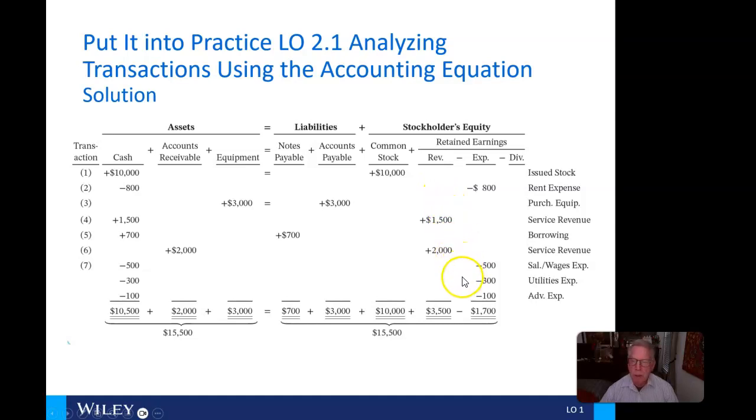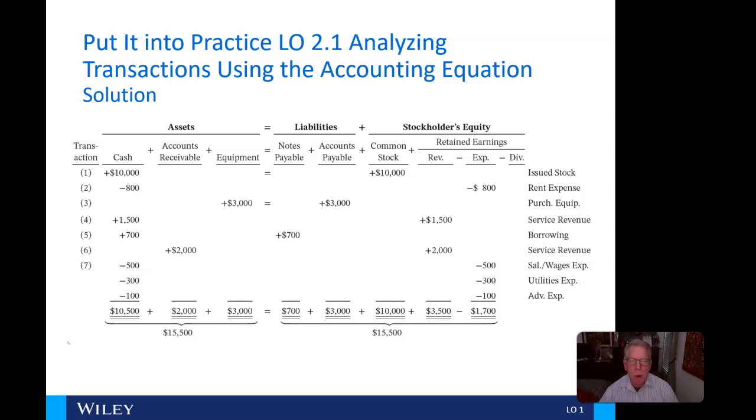The rest of this should be pretty familiar to you from the standpoint of debits and credits, but I'll run through it real quickly. In the first example, we've increased cash, we've debited cash and credited common stock for issuing that stock. Rent expense, we've debited rent expense and credited cash.